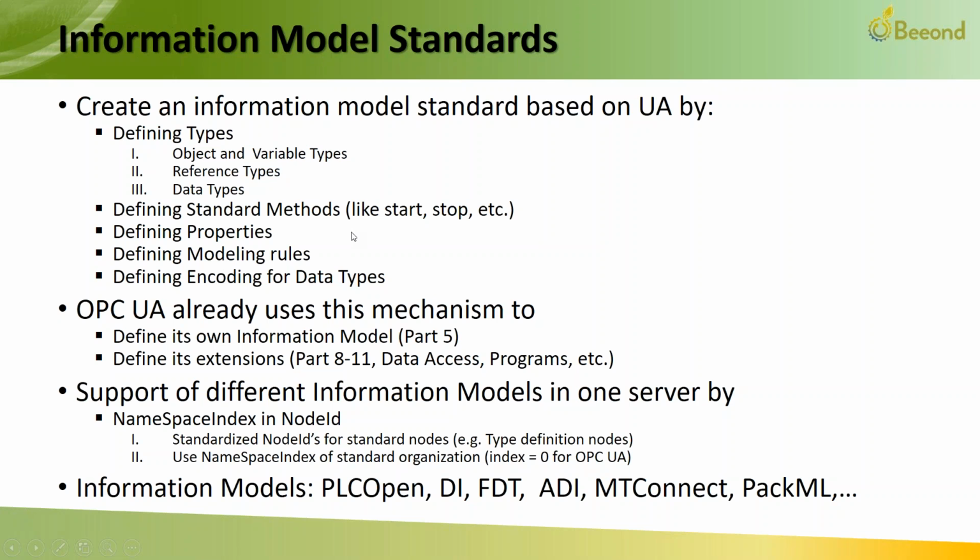Well, MTConnect probably will have a lot of those commands. Define properties, define the monitoring rules, what is required from a standard, what is optional for a standard, what is extensible for a standard. And then define the encoding for a data type.